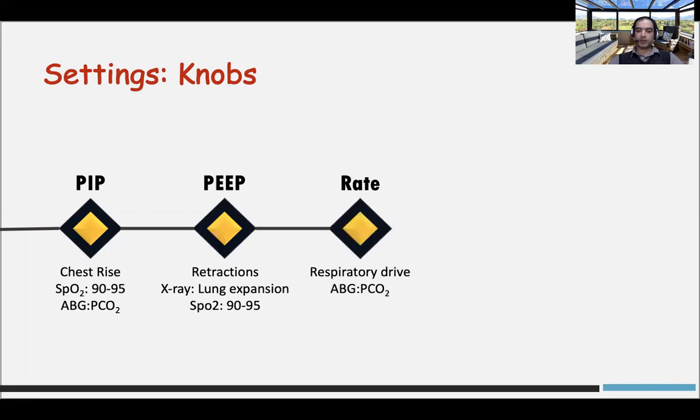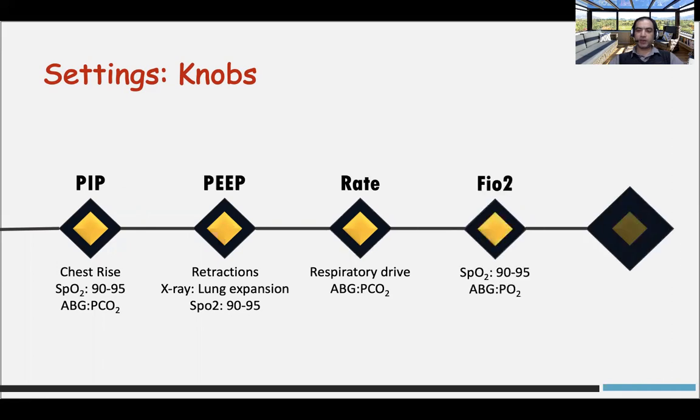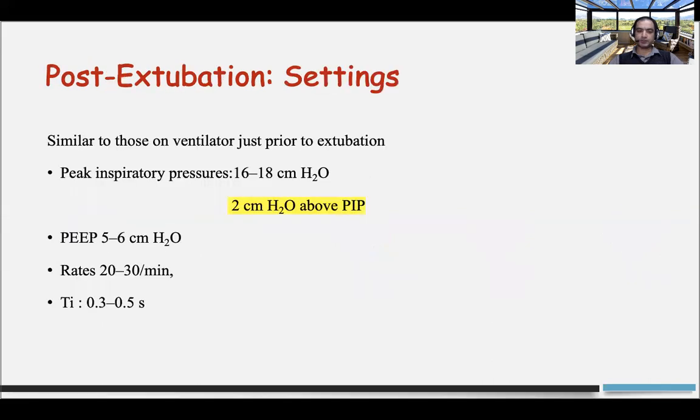Then we have to set the rate, which depends on the respiratory drive and the partial pressure of carbon dioxide. Then we have to set FiO2, as is seen with other respiratory supports. It is governed by the saturation and partial pressure of oxygen in the blood gas. Flow and TI usually are fixed. A flow of 8 to 10 liters and a TI of 0.3 to 0.5 is used.